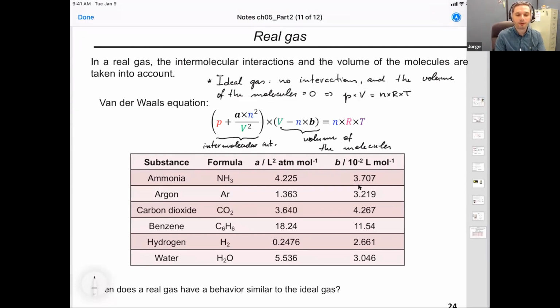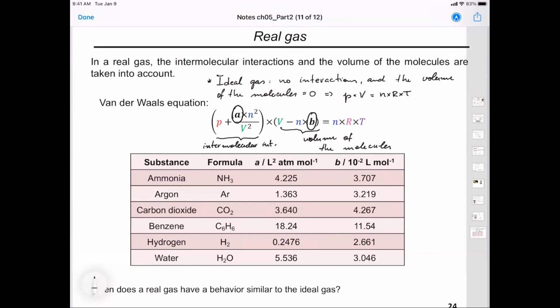In the correction for pressure, there is a new constant that is added to the equation, and that's the A here that I'm showing you in the equation. And in the volume, there is also a new constant that is added here to correct for the volume, and that's the B constant. Important stuff.